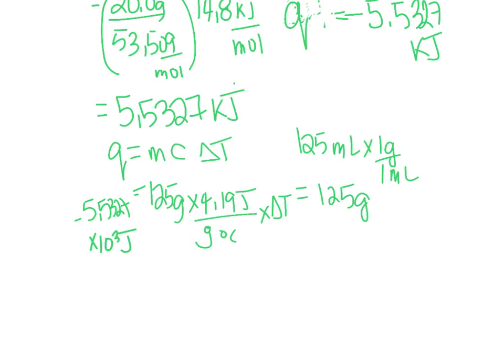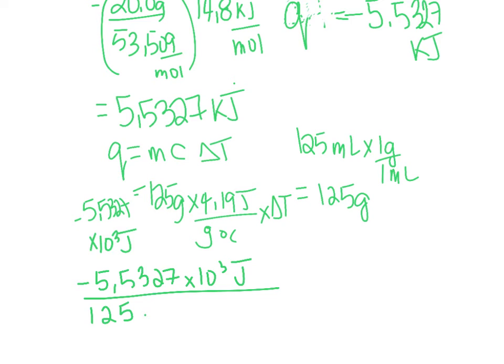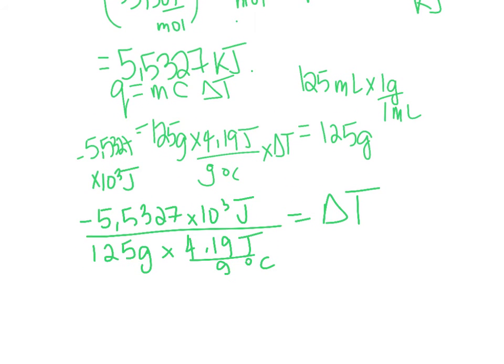So take that, and now you've got minus 5.5327 times 10 to the 3 joules divided by 125 grams divided by 4.19 joules per gram degree Celsius equals delta T. So you take your energy, divide by the mass and the C, and you're left with delta T. What number do you get?